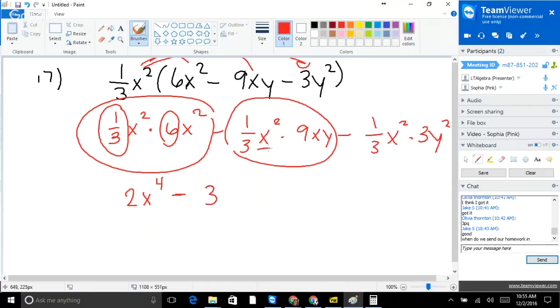And then x squared times x is x to the 3rd. Don't forget y. So y gets to come in there too, but nothing happens to him. Last one is 1/3 times 3, which is just 1. And then x squared times y squared is just x squared, because we can't do anything to it, right?